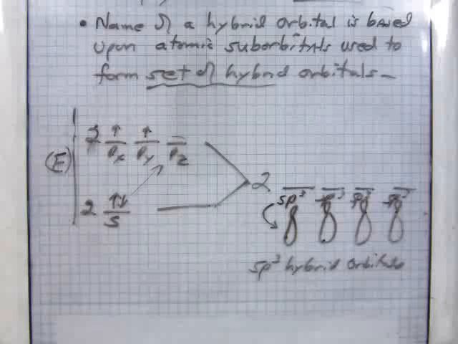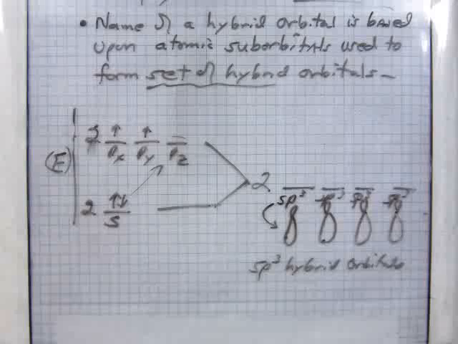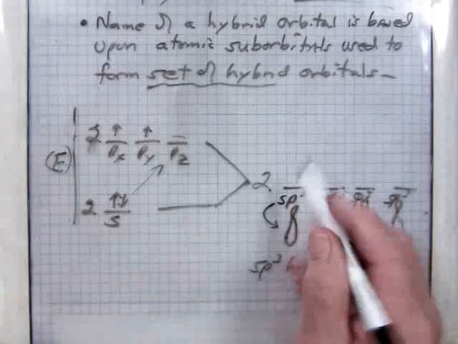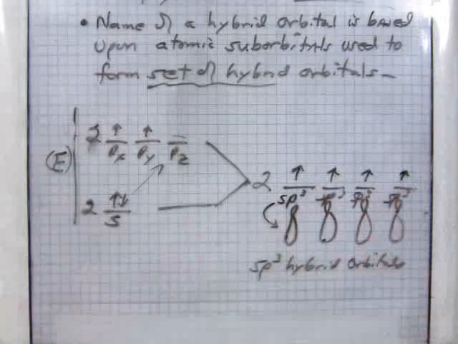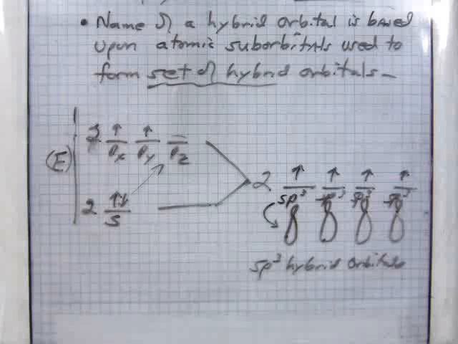And as I start using examples and applying this to molecular structures, you'll begin to see the pattern that I'm talking about here. But when you're working with these, you now have 4 paramagnetic hybrid orbitals. Each one's called an sp3.